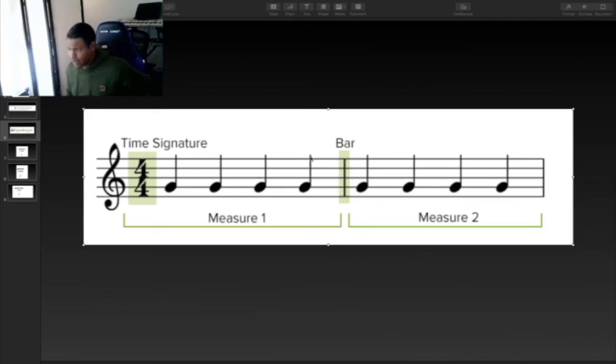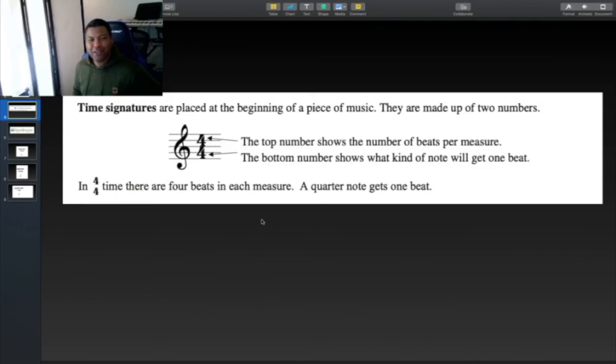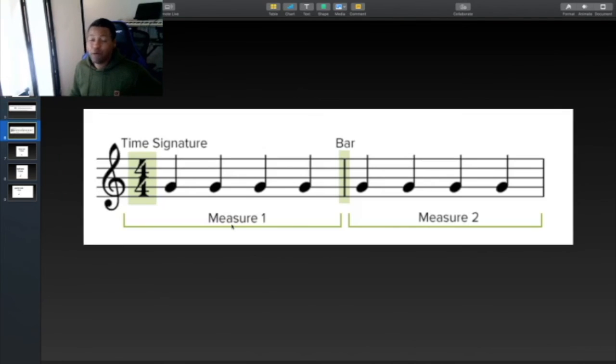Okay, the next thing we're going to cover is time signature. Time signatures are placed at the beginning of a piece of music. They're made up of 2 numbers. The top number shows the number of beats per measure. If we look at this example, this is the top number.